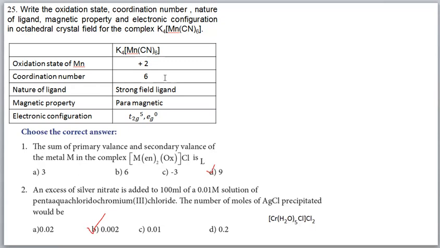Since the ligand is strong field, delta O is very large, so all the 5 electrons enter into the t2g orbitals. In t2g, there are 3 orbitals and 5 electrons, so 2 orbitals are paired and 1 orbital has an unpaired electron. So 1 unpaired electron is there. Since the complex has 1 unpaired electron, it is paramagnetic. Then electronic configuration t2g5 eg0.